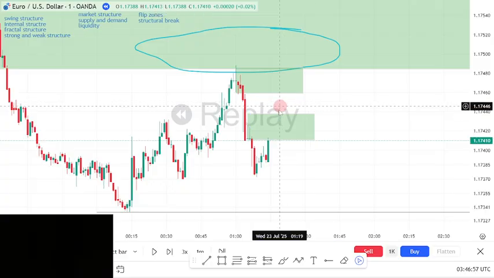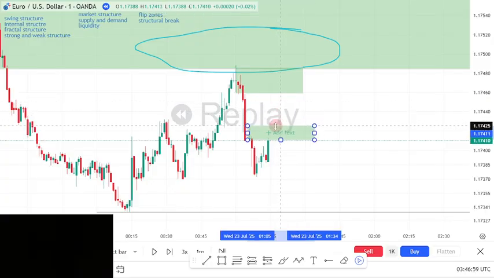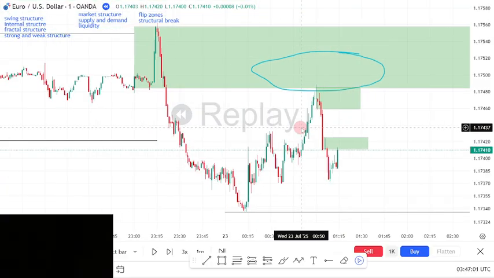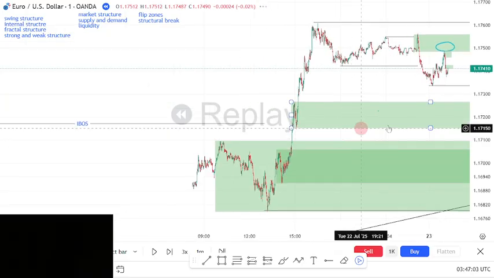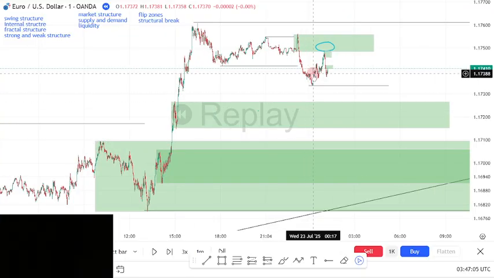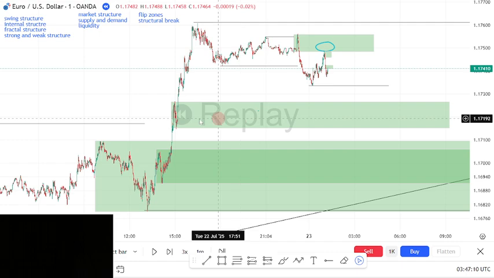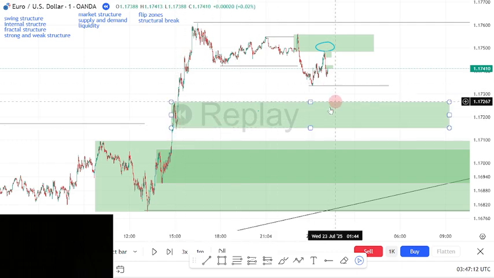When price started into this zone, we had a flip. So I can trade against the main 4-hour trend, because I know that I'm expecting the 4 hours to at least tap into this major structure before price will continue the move.